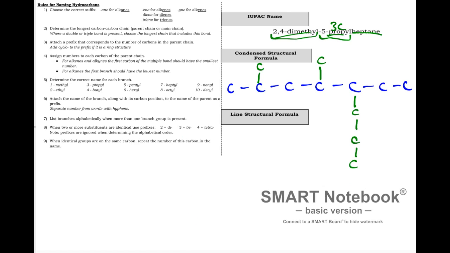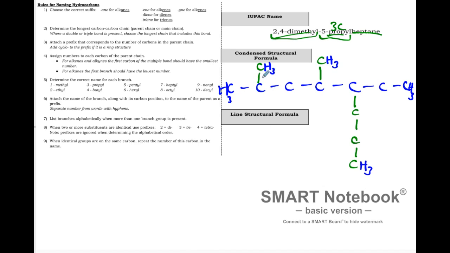We're not complete in our condensed structural formula. We have to fill in the rest with our hydrogens. Every time you have a terminal end, it's always going to be CH3 because you need to have 4 bonds around the carbon, and at the terminal ends, we only have 1 so far. So 1 here, therefore CH3 to make 4 bonds. When you're in between, it depends on how many bonds you have to begin with.